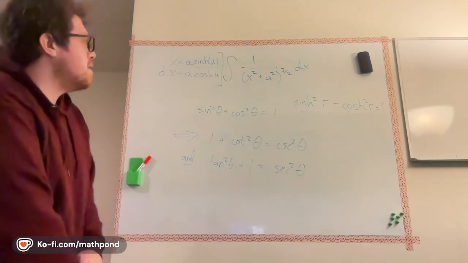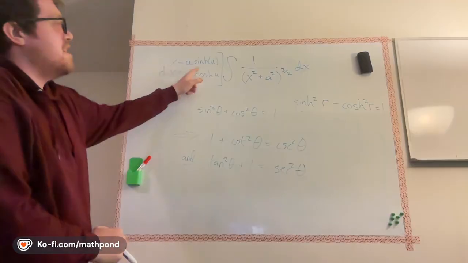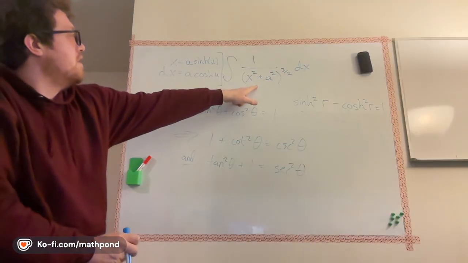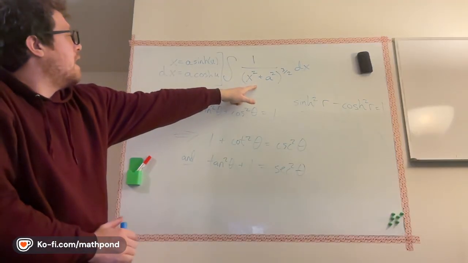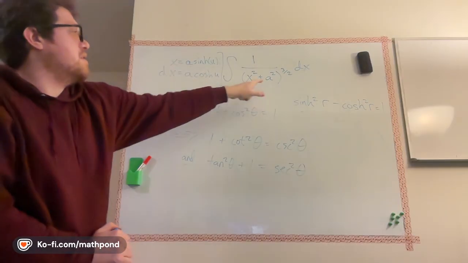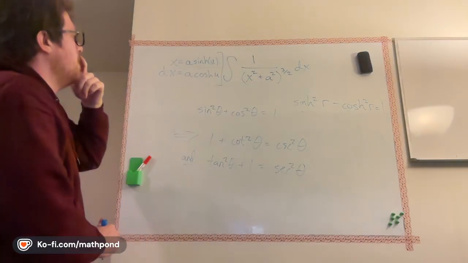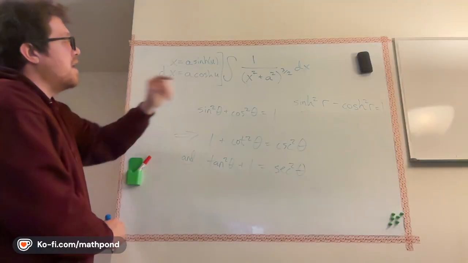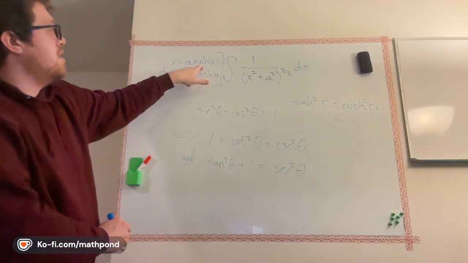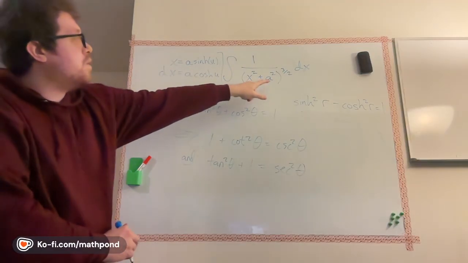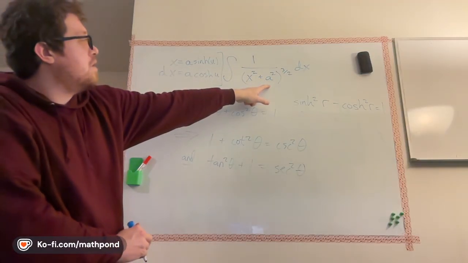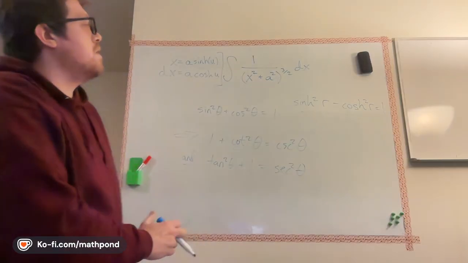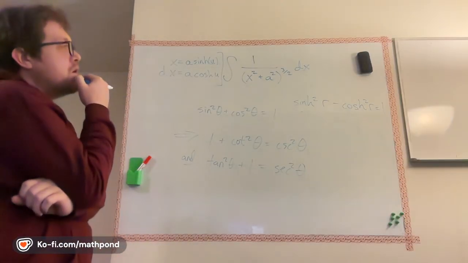So if x is this, then there should be another relation here. Right, then you can factor out an a squared on the bottom, and then hyperbolic sine squared plus 1.